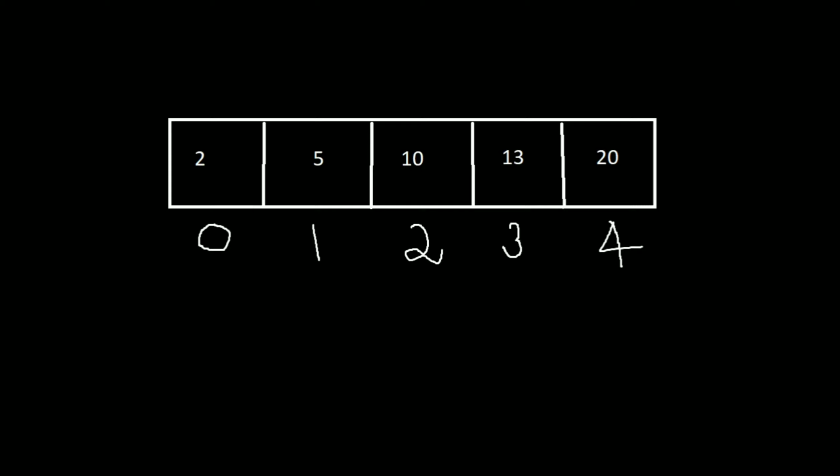But now the problem comes when we want to find out the last index of an array. I just took an array with just 5 elements for an example, but this can go all the way up to 30 or 40 indexes. So how do we find out the last index of an array? There's a simple way to do that.